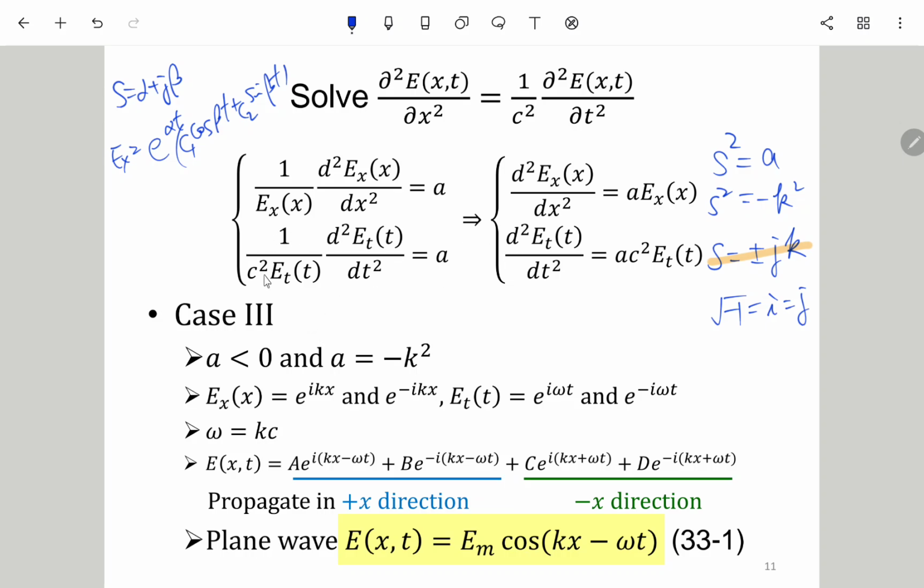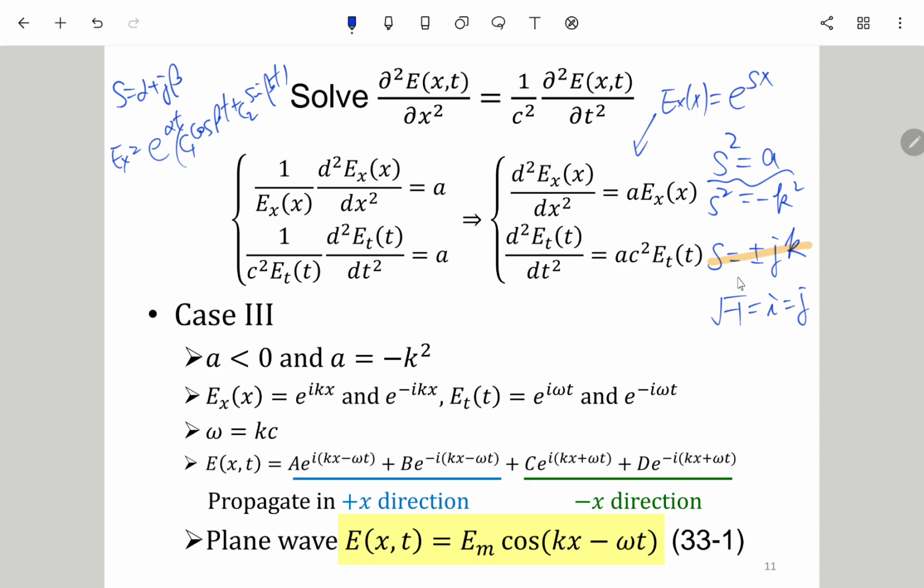Or actually we can just use this; we don't try to simplify it at this moment. Because when you try to get this characteristic polynomial, we assume that Ex of x equals exponential to s x.